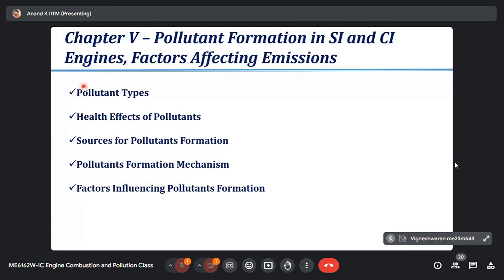Among those species, 4 of them are designated as pollutants because of the health effects they create. Out of 4, 3 are the primary pollutants emitted from spark ignited engines, and diesel engines or compression ignited engines emit 4 pollutant species into the surrounding ambience. These species create various health effects. That is what we have discussed in the previous classes.